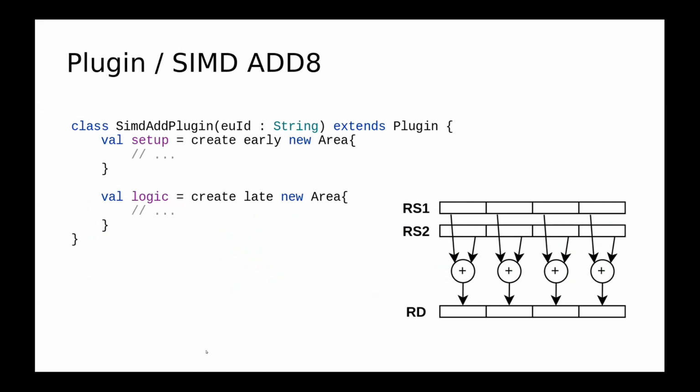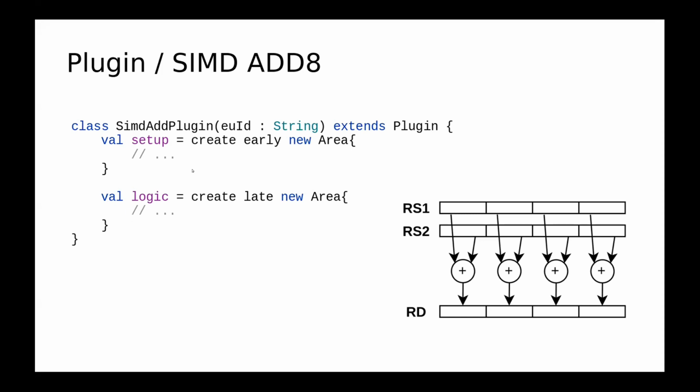So, a plugin in NaxRiscv is a class. In this specific case, we will work with a specific execution unit. So we have this parameter, and we extend the base class Plugin. This base class allows us to fork elaboration threads in an orderly manner. There are two orders. You can create early threads, which will generate a new area.